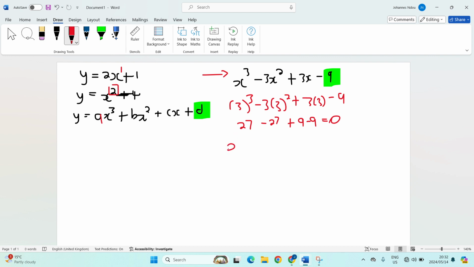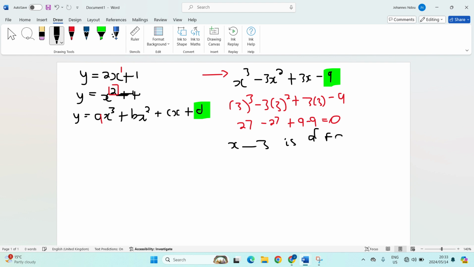When I replaced x with a certain number, and got 0, then from this, what can we conclude? Well, we can say that x minus 3 is a factor.